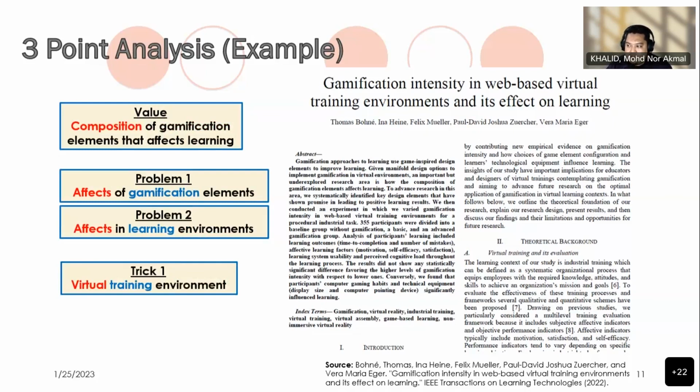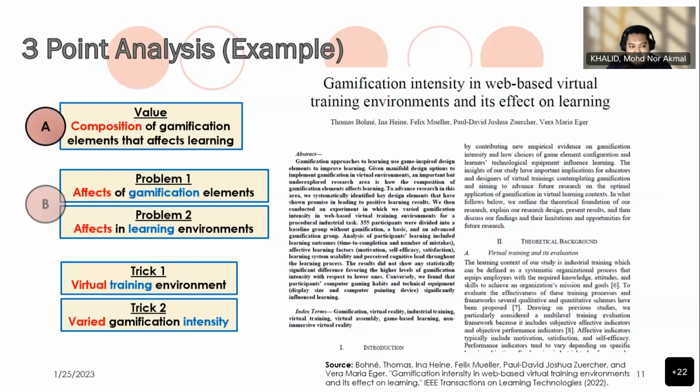From this gamification, they don't produce a new concept, but just introduce a virtual training environment to be incorporated into the gamification process so that learning can be better. And then another trick is to provide variation on the gamification intensity.